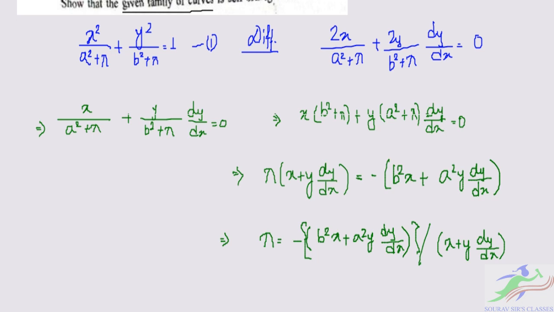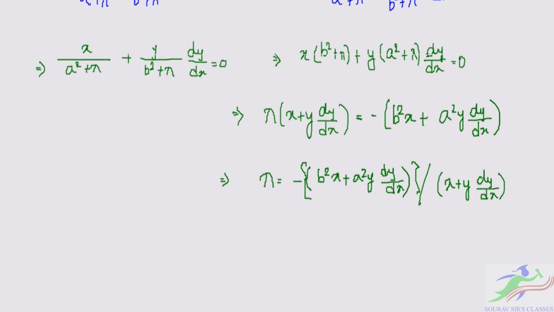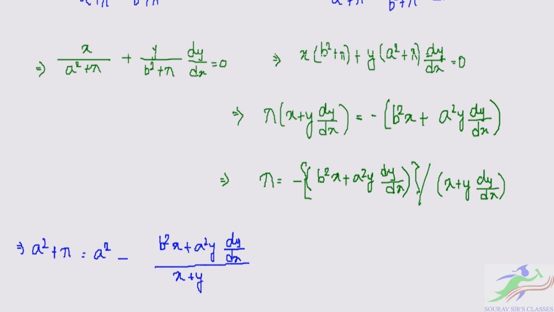So if we add a square on both sides, what will it do? a square plus lambda is a square minus b square x plus a square y dy dx by x plus y dy dx, right?